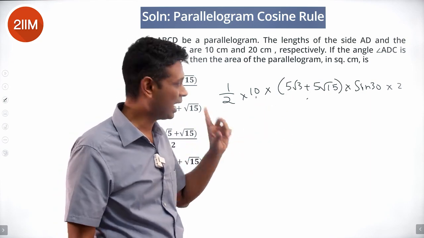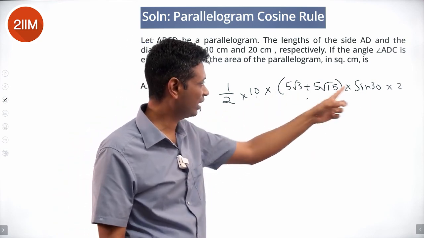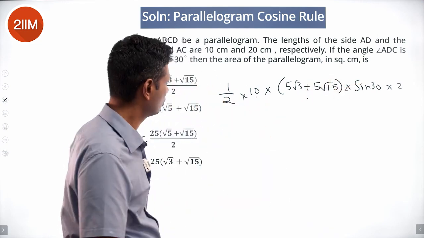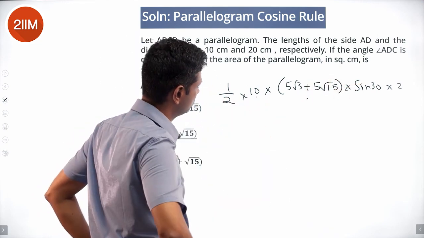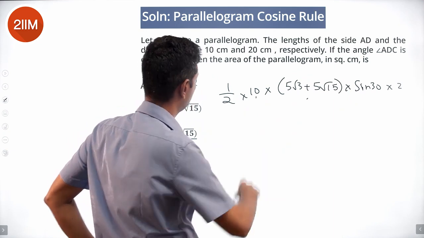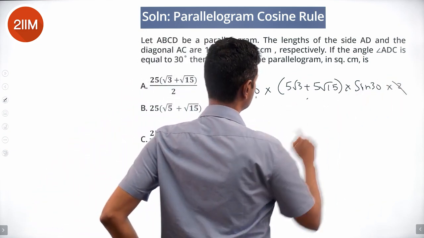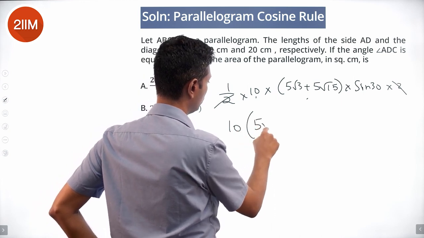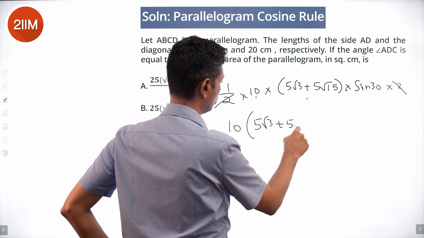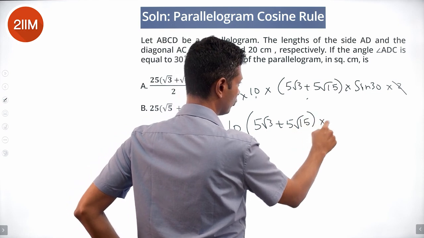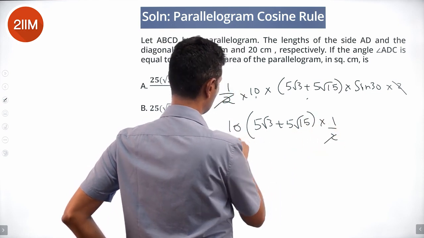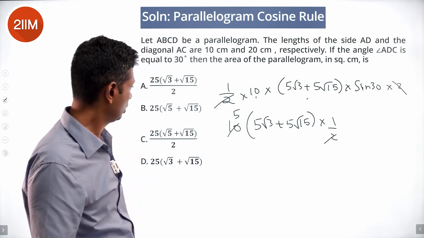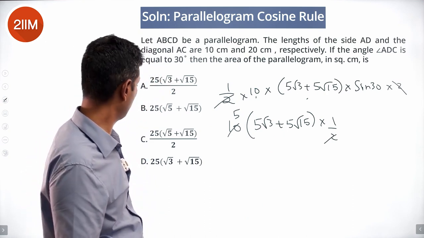AD was given. Half AB sine C, AB and sine of the angle in between, into 2. So this 5, this gets cancelled. This is 10 into 5 root 3 plus 5 root 15 into 1 by 2, or 5 into 5 root 3 plus 5 root 15, or 25 into root 3 plus root 15.